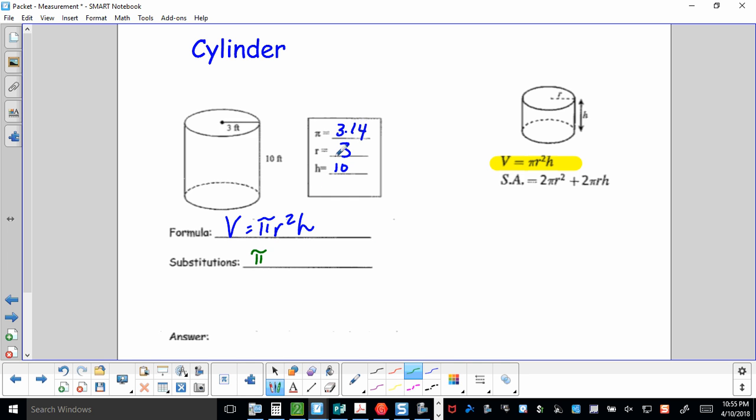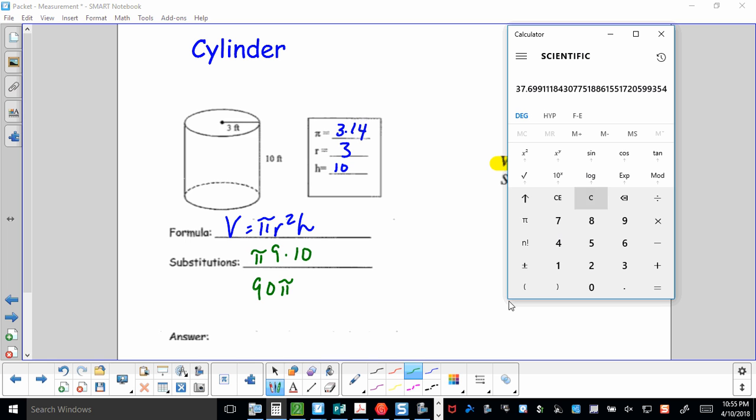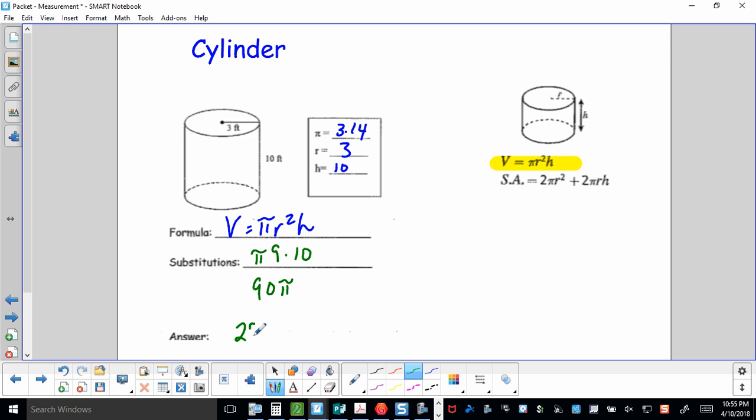Pi, radius squared is 9, and a height of 10. So 90 pi. So 90 times pi is 282.74 cubic feet.